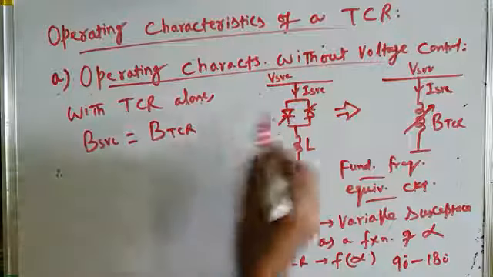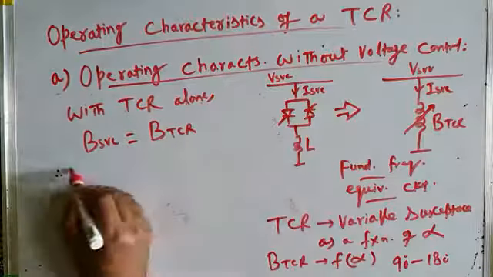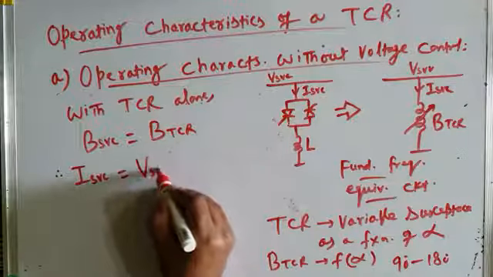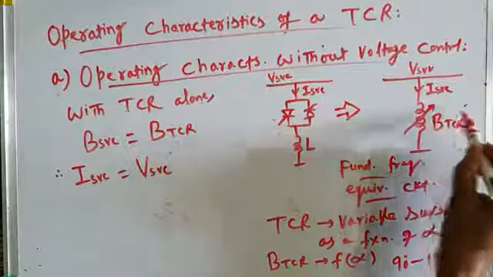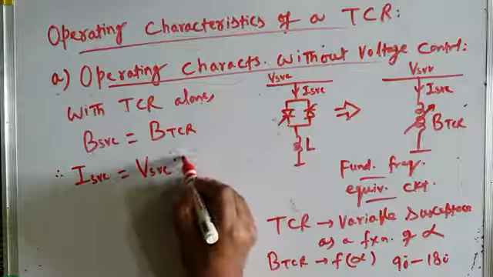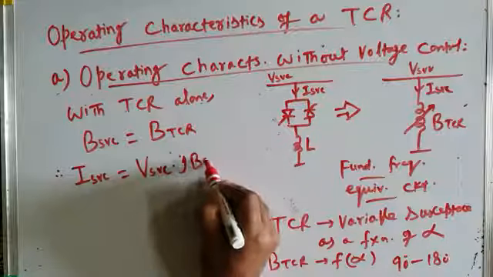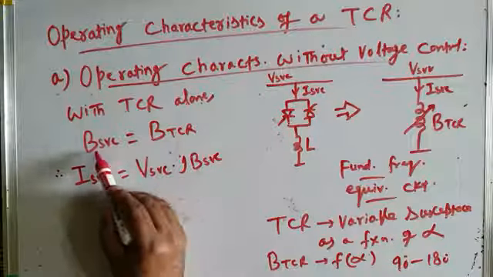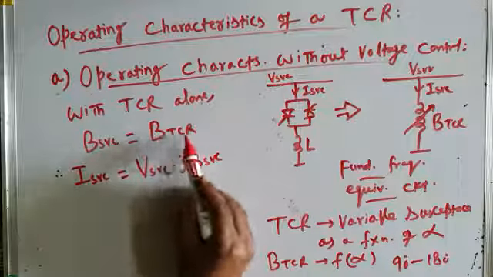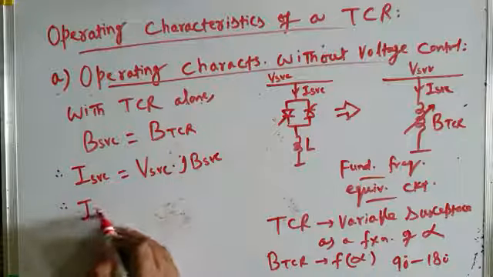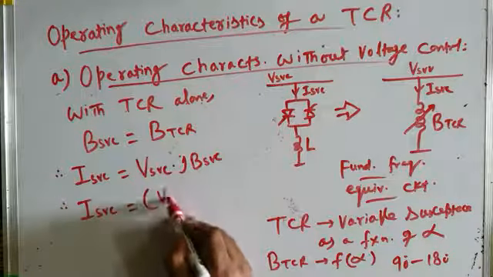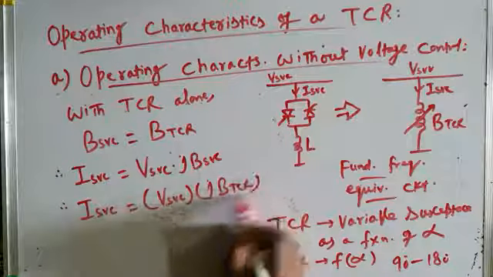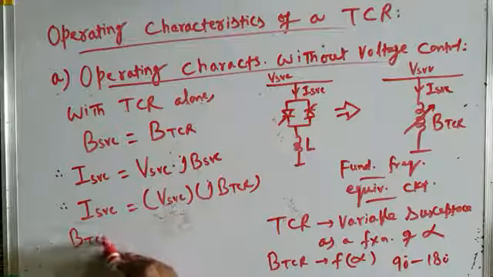So what is this TCR current or SVC current? Therefore, ISVC is equal to SVC voltage, VSVC, multiplied by jBSVC. Since SVC susceptance BSVC is exactly equal to TCR susceptance BTCR, we can write ISVC equal to VSVC times jBTCR. Where, what is this TCR susceptance? We already have its equation.